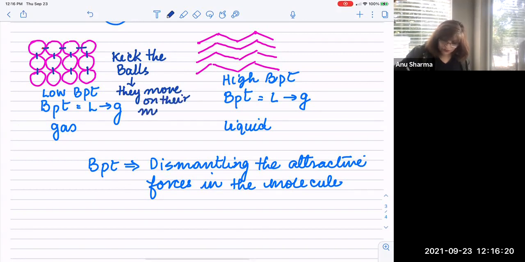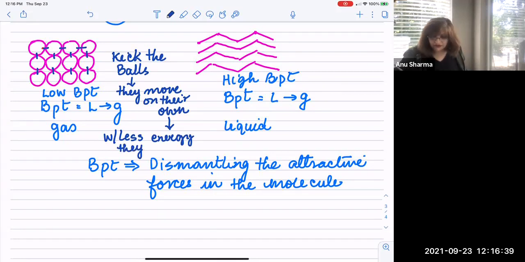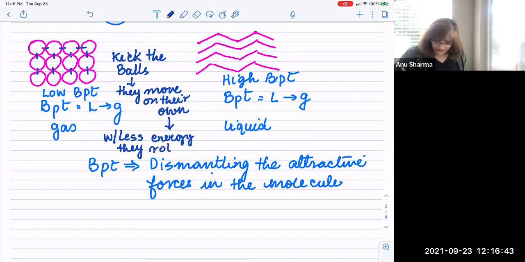And as they move, the other balls also start rolling on their own. With a little bit of energy, like a little bit of a kick, they dismantle. Or in other words, they start rolling.